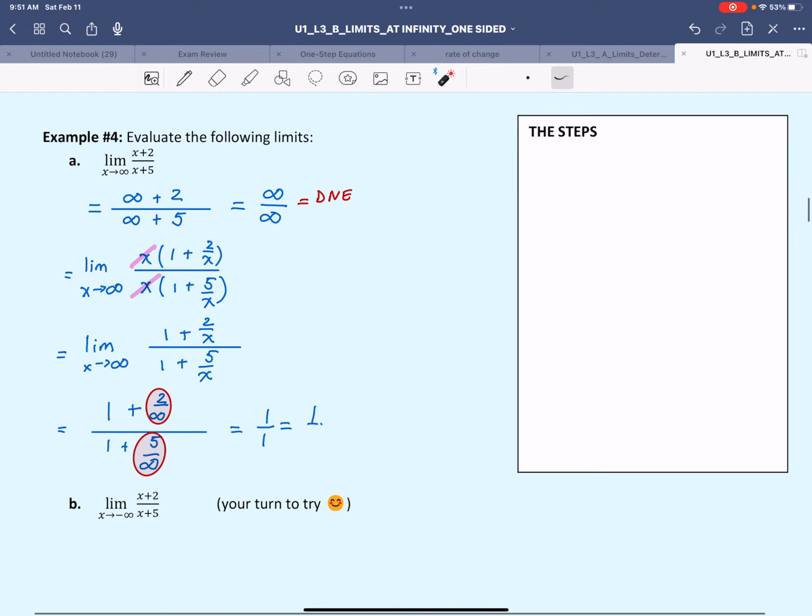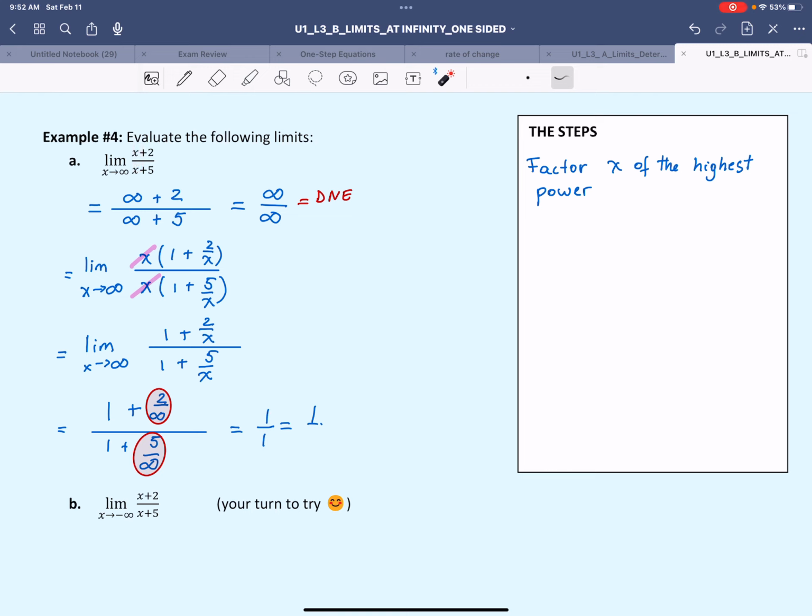And once we're done, we are going to write the steps in here. So step number 1 is factor x of the highest power from both numerator and denominator. We're going to see this in other examples, but when we say x of the highest power, sometimes we may not end up taking out the same power.